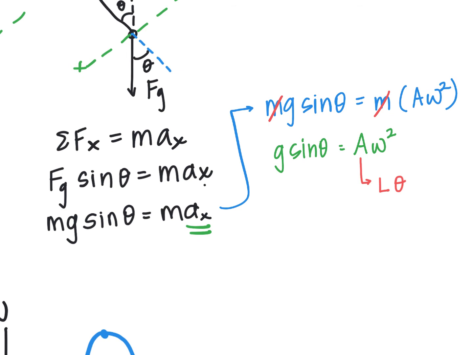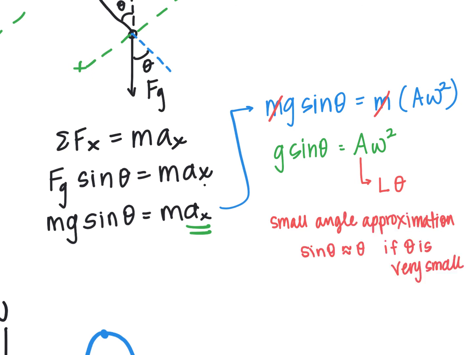I can use what's called the small angle approximation, and that is for very small values of theta, the sine of theta is approximately equal to theta. If you take your calculator, make sure you put it in radian mode, and take the sine of a very small number like 0.1, you'll get approximately 0.1.